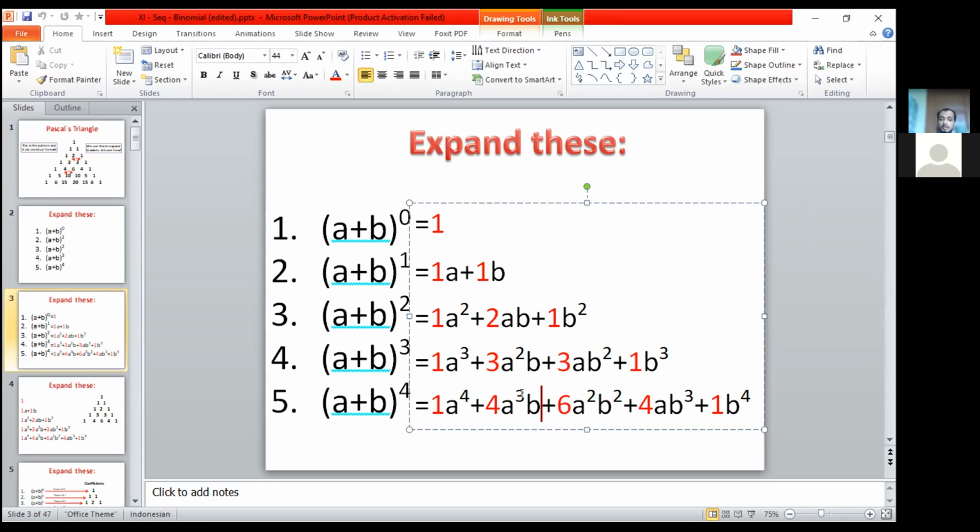So all terms give you the same sum of the power. If you add up the powers, you will get the same thing.